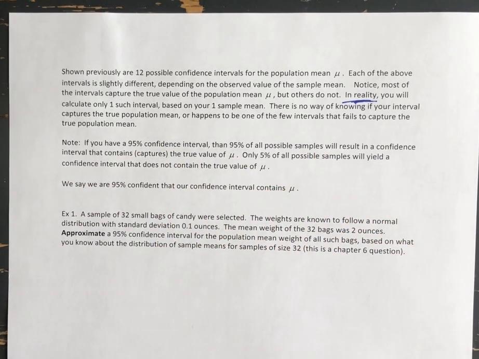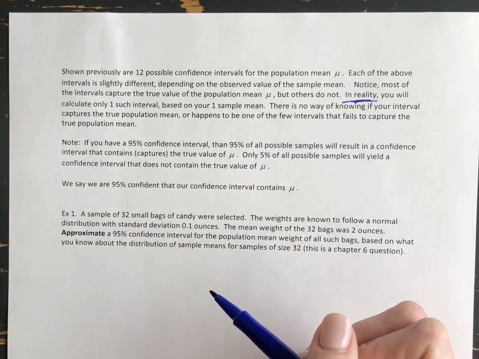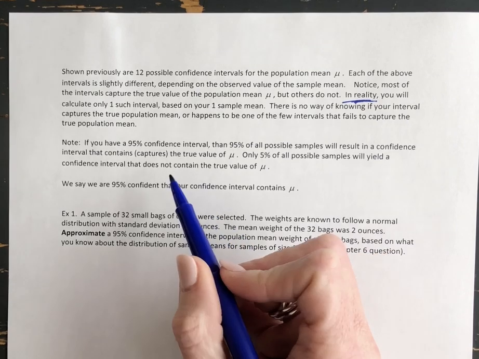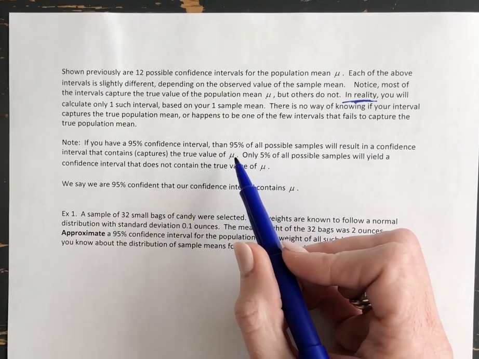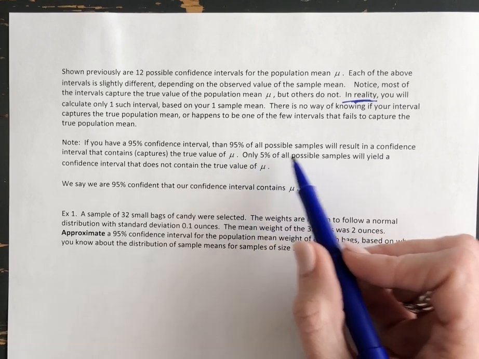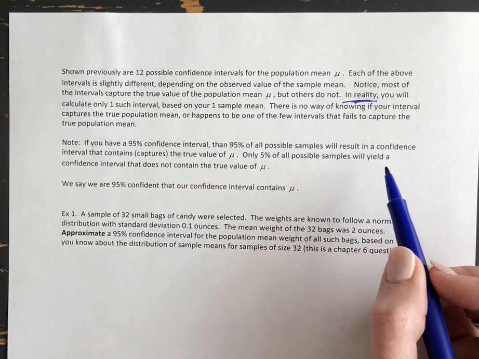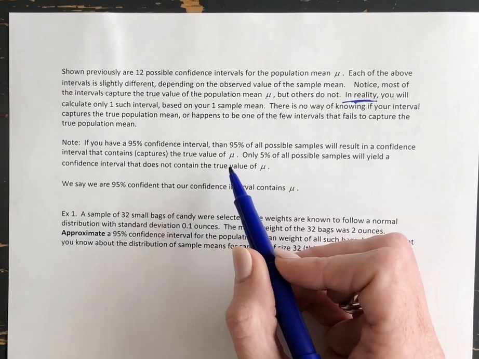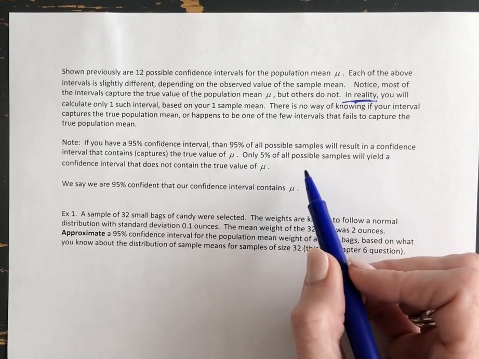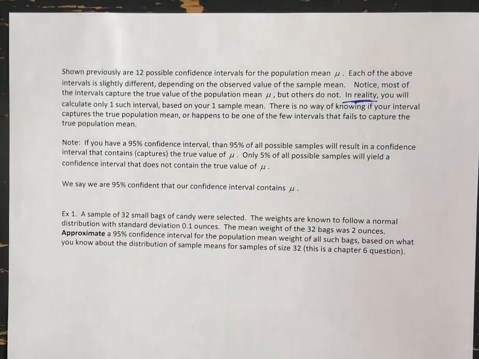Okay, so another piece of information before we go on to an overview example is if we have a 95% confidence interval, that's going to tell us that 95% of all possible samples of that given sample size will result in a confidence interval that contains or captures the true value of mu, and only 5% of the possible samples will yield an interval that does not contain mu.